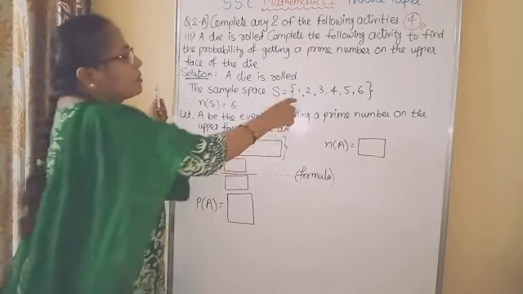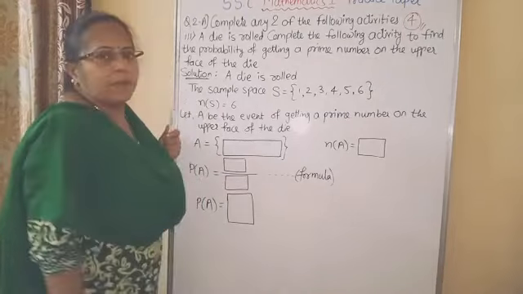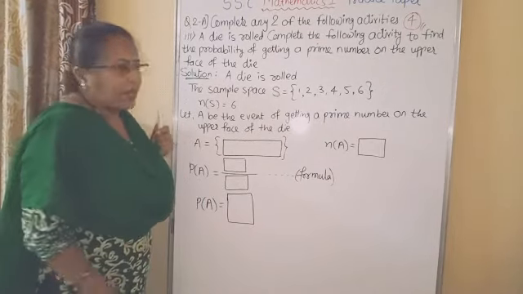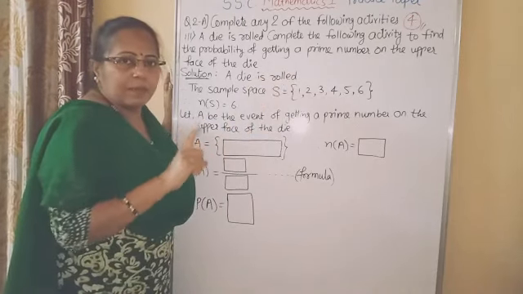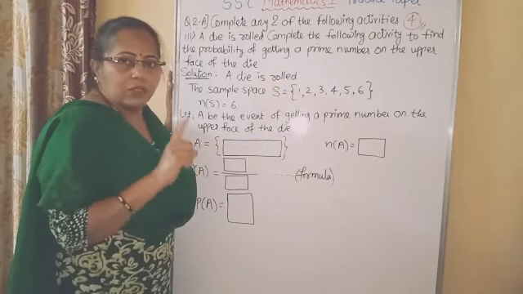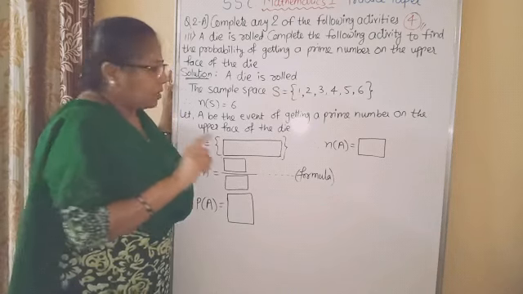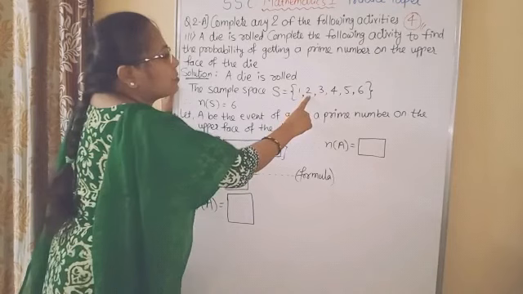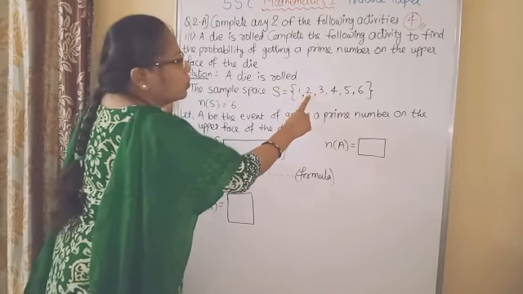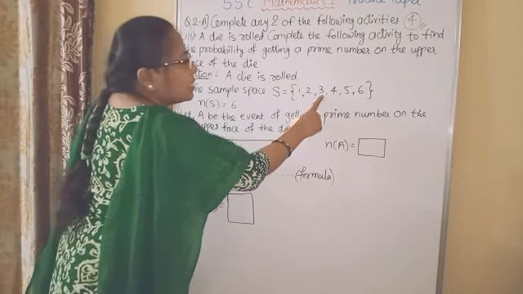Okay. Now from this sample space we have to select prime numbers. Okay. The first number is 1. Students, 1 is neither prime nor even. It is only odd number. So in prime number we don't have to take 1. So the first prime number is 2. Second prime number is 3.